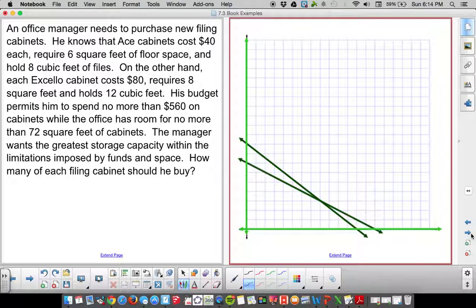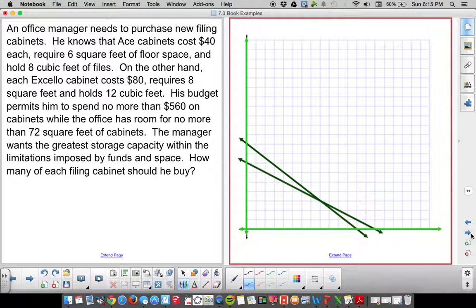Okay, we're going to be looking at example 2 next. Example 2 is an office manager who needs to purchase new filing cabinets. He knows that Ace cabinets cost $40 each, require 6 square feet of floor space, and hold 8 cubic feet of files. On the other hand, each Excello cabinet costs $80, requires 8 square feet, and holds 12 cubic feet.